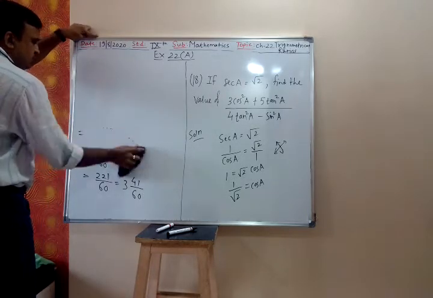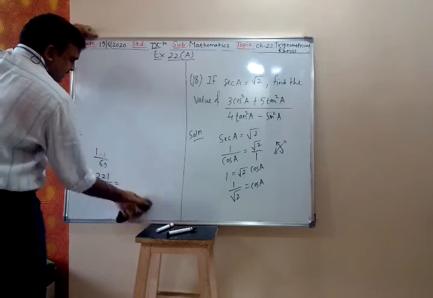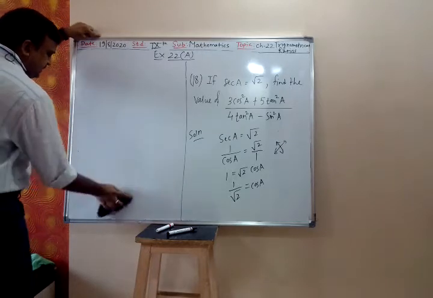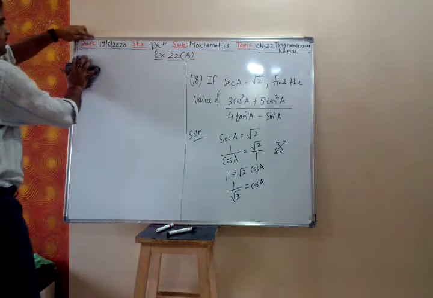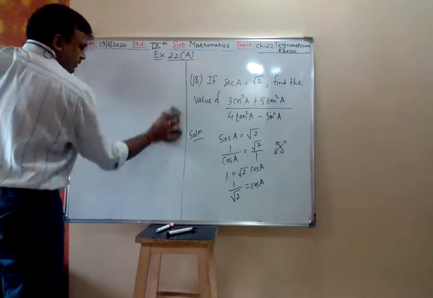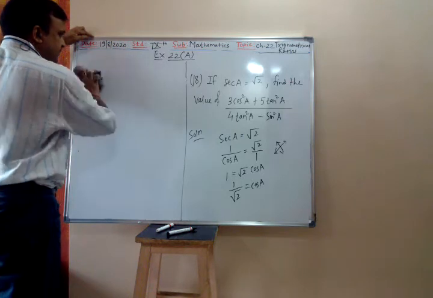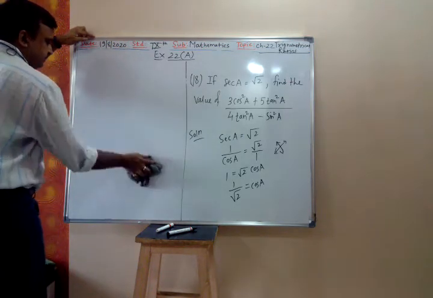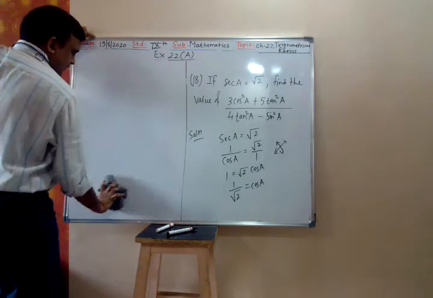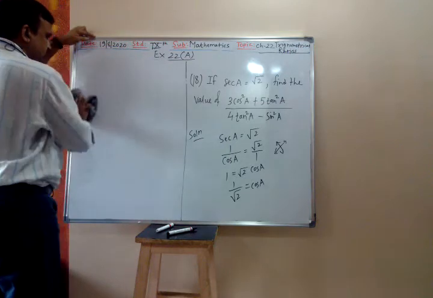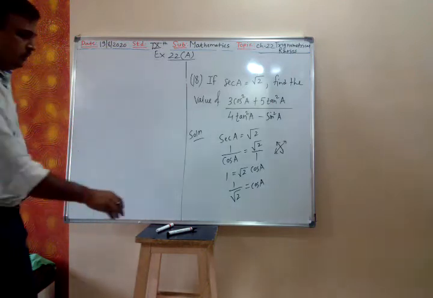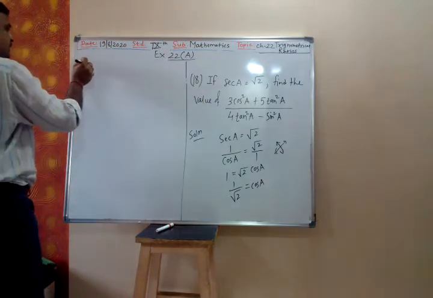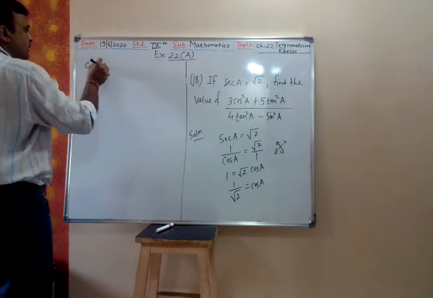But what is cos? Cos is adjacent upon hypotenuse. So cos A is 1 upon root 2.